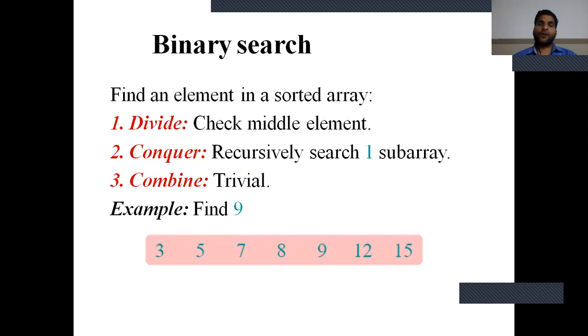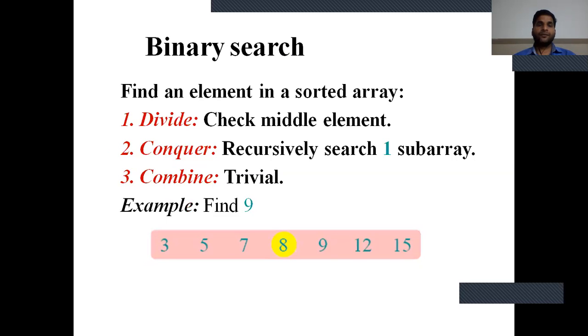Binary search divides the array into equal parts and finds the middle element. Here the total number of elements is 7, so the middle element is 8, the left subarray is 3, 5, 7 and the right subarray is 9, 12, 15.